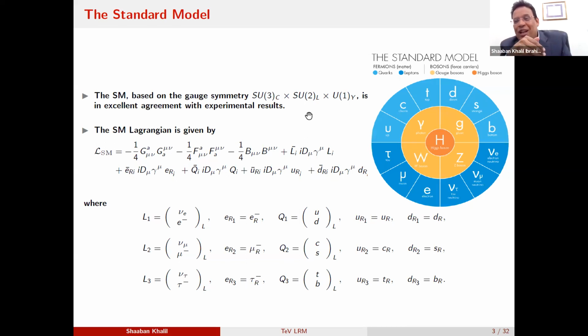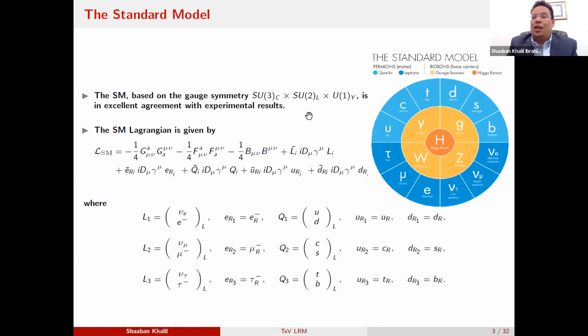It's very important to tell you that, due to the assumption that the neutrino was massless, we constructed the standard model in this way. And now, because the neutrino turns out to be massive, and we introduced the right-handed neutrino back, we have to think again, maybe we should construct it in a different way.